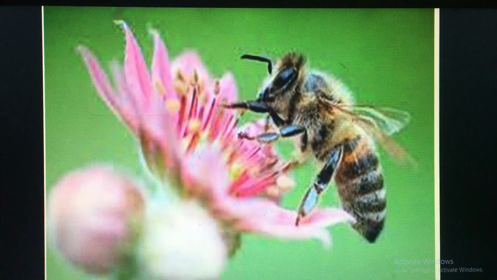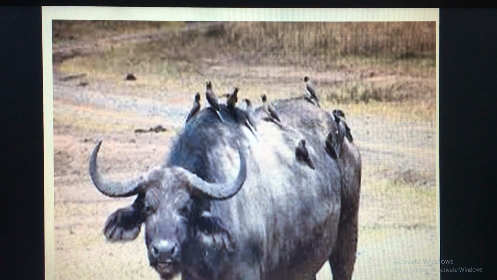The first one is the buffalo and the crow. So what kind of relation exists here? I think both of them are getting benefited. Here the crow is standing on the buffalo. Now what are they doing?